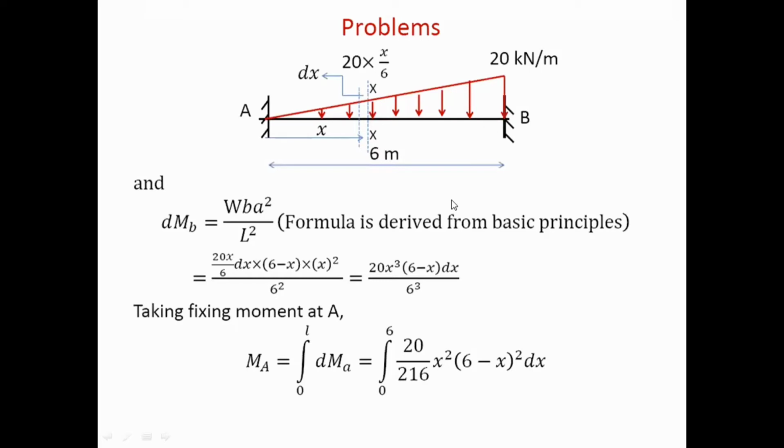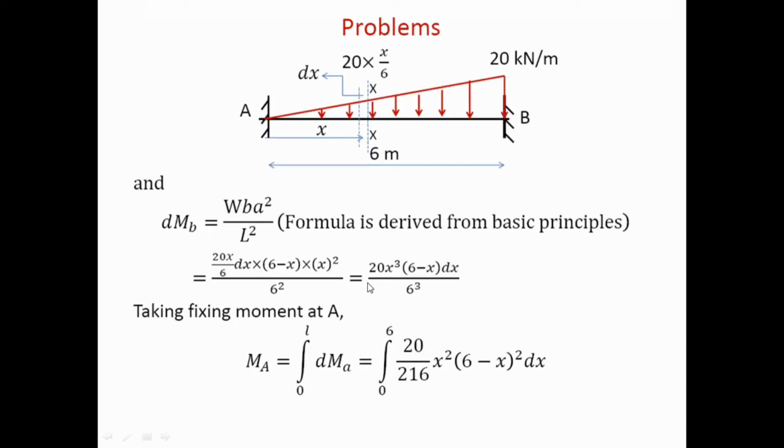Again W is 20x dx upon 6, A distance is x, so A square is x square, and B is 6 minus x, divided by 6 square. It is equal to 20x cube into 6 minus x dx upon 6 cube. So this is the partial moment equation for support B, fixed end moment.